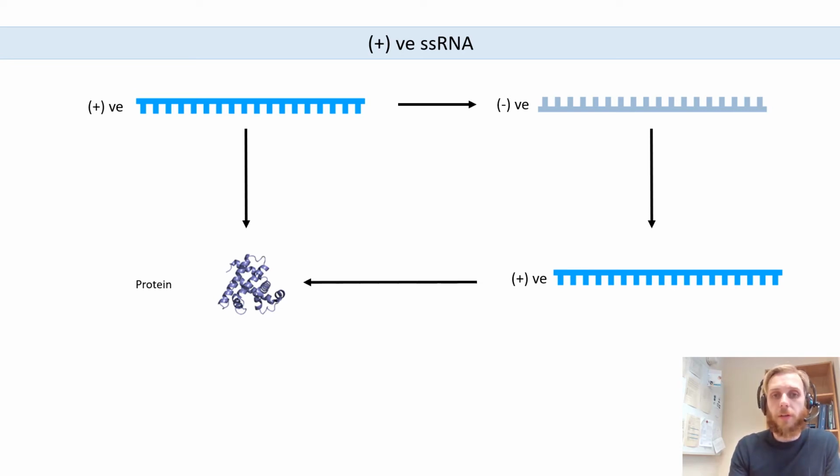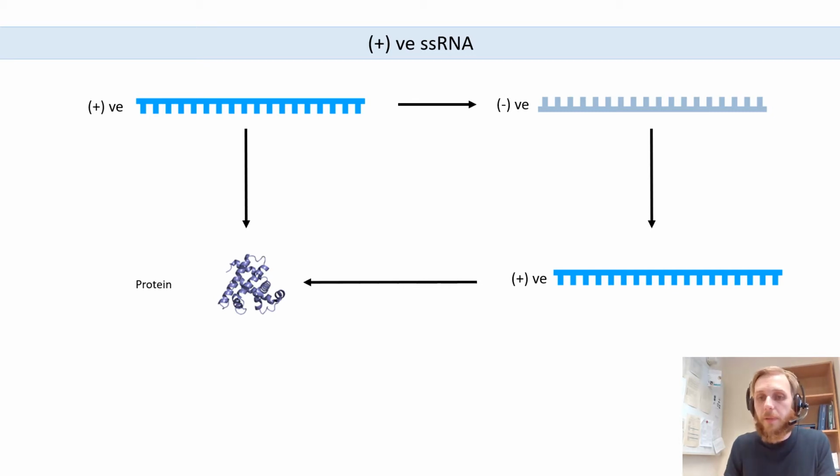Just to run over it quickly, you can see on the left hand side of the diagram we have the positive sense single-stranded RNA genome of this particular virus, and we can see it is being translated directly into protein. There's an arrow from this viral genome directly to protein.